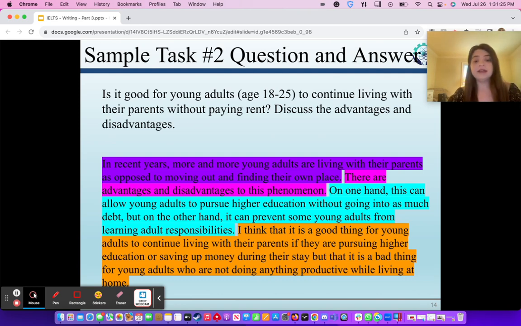Very important. Doesn't matter if you actually agree with that point of view, that perspective, but do definitely put one in and argue that side as well, because after all, this is an advantages and disadvantages essay. If you just write one, or you argue one side for this kind of essay specifically, then that's not good. That's not meeting their requirements.